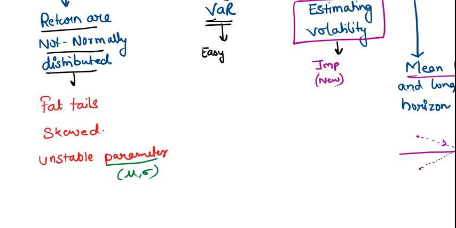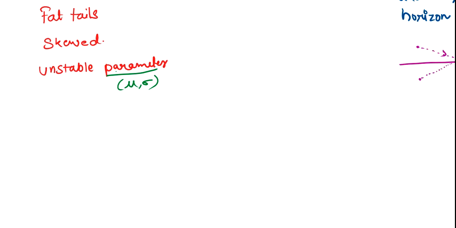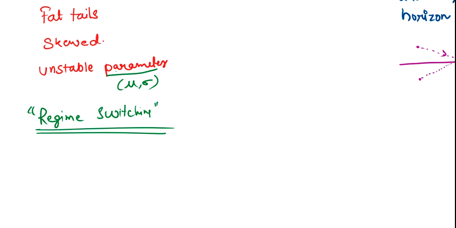Now under this section only there is one more small topic, which is the regime switching. It means you are switching from a regime, or you can say you are switching from an era. There was an era of Ronaldo. Now there is an era of Messi.